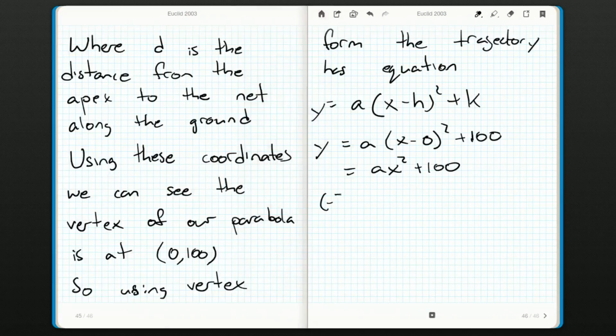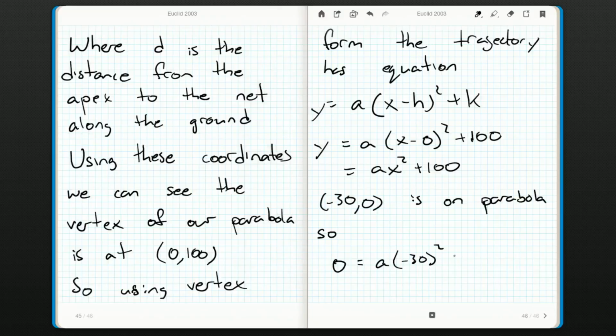So we know that negative 30, 0 is on our parabola. So 0 is equal to a times negative 30 squared plus 100. Negative 30 squared, well that's 900, so we have 900a plus 100. And we can bring the 100 over to the other side. Negative 100 equals 900a.